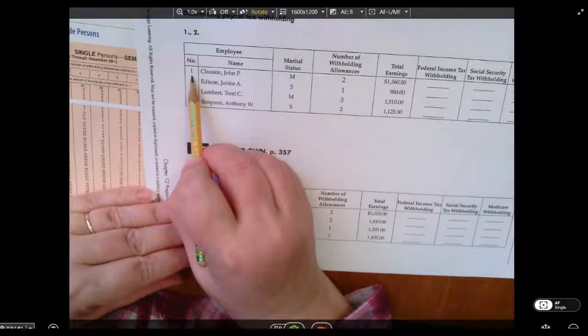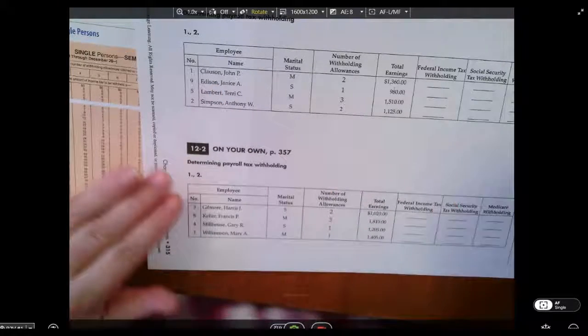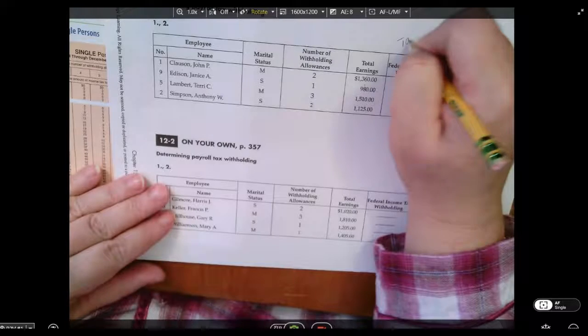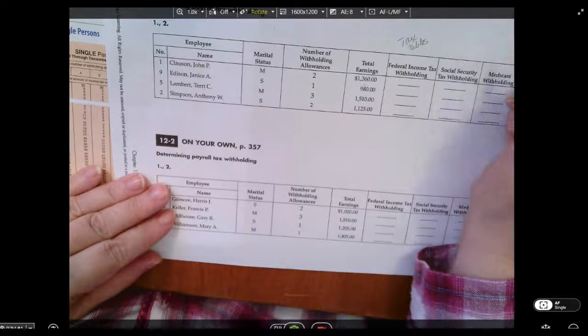Now the first thing we need to do is look at our employee information. Employee number 1 is John Clausen. When we determine the federal income tax withholding, remember, it is taken from the tax tables. Social Security is what percent?